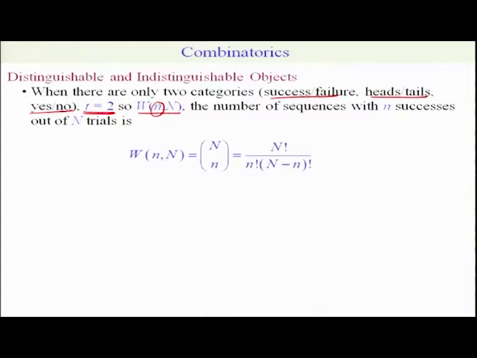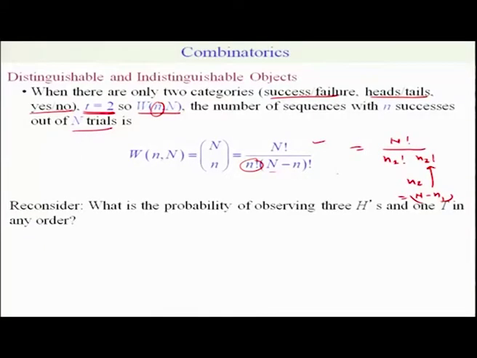That means the number of sequences with n1 successes out of n trials can be written simply as n factorial divided by n1 factorial multiplied by n minus n1 factorial. You could also have written n factorial over n1 factorial and n2 factorial, but n2 is nothing but n minus n1, and thus you can plug in here to get this expression. This is relevant when you have only 2 categories of outcome of the events.